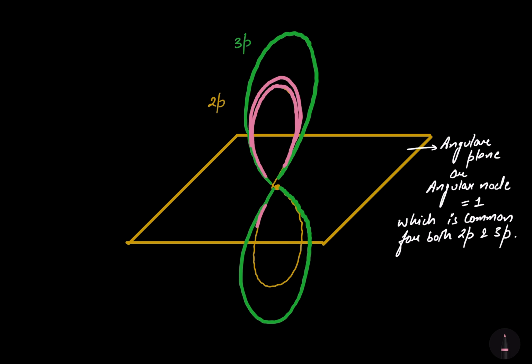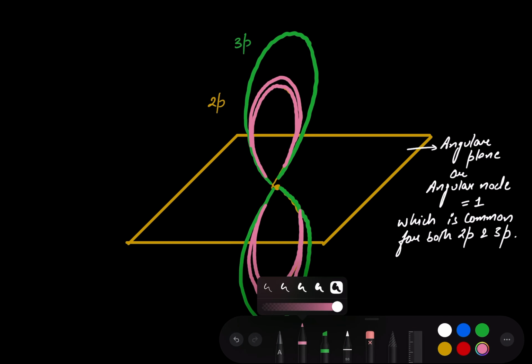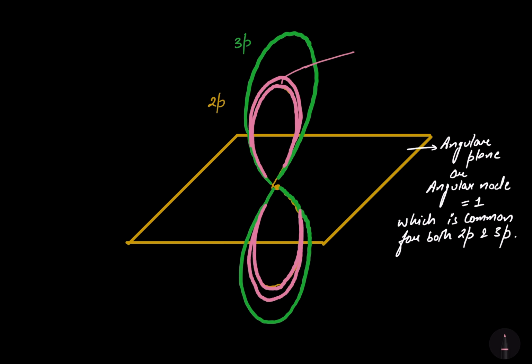So the region that I have marked with a pink color, it is the region where probability of finding electron is 0 and which will be called as radial node between the two p orbitals. This is the radial node. Between two p orbitals. Hopefully you got the angular node and the radial node.